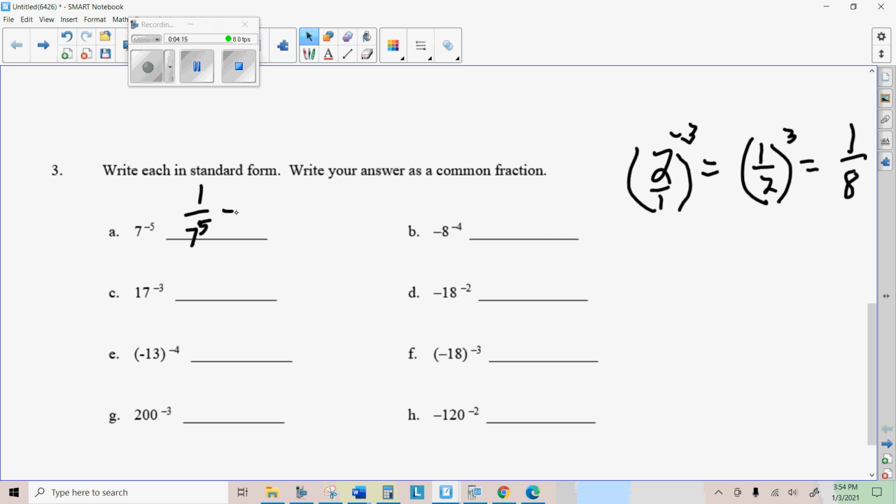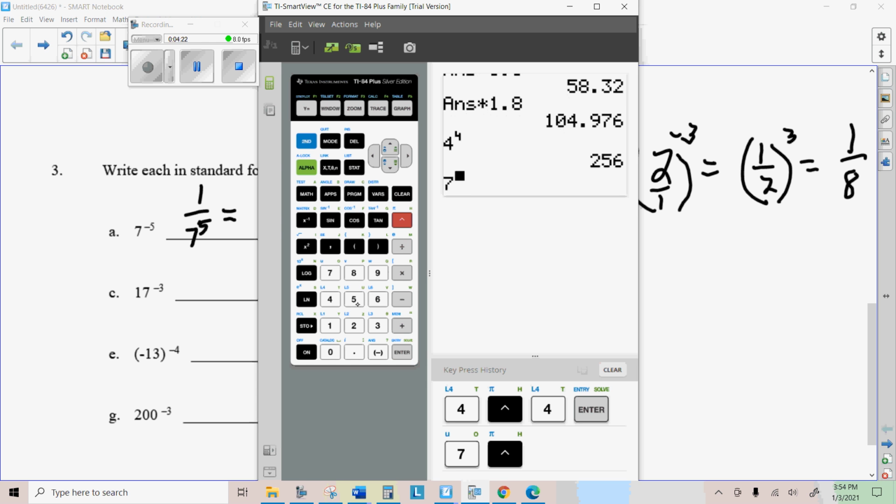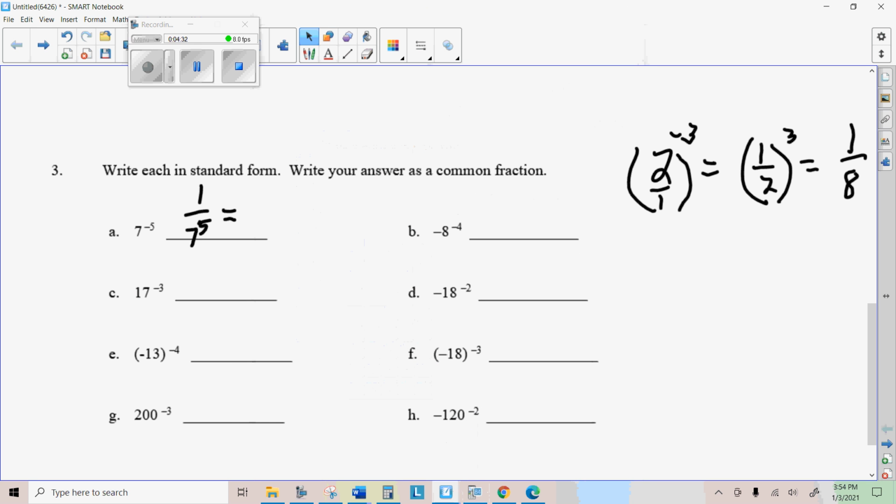So what I have to do in this case is figure out what 7 to the 5th is, and I'll use my calculator for that, because your calculator won't handle such small negative numbers. So I'm just going to do 7 to the 5th, which is 16,807, and that's going to be my denominator.